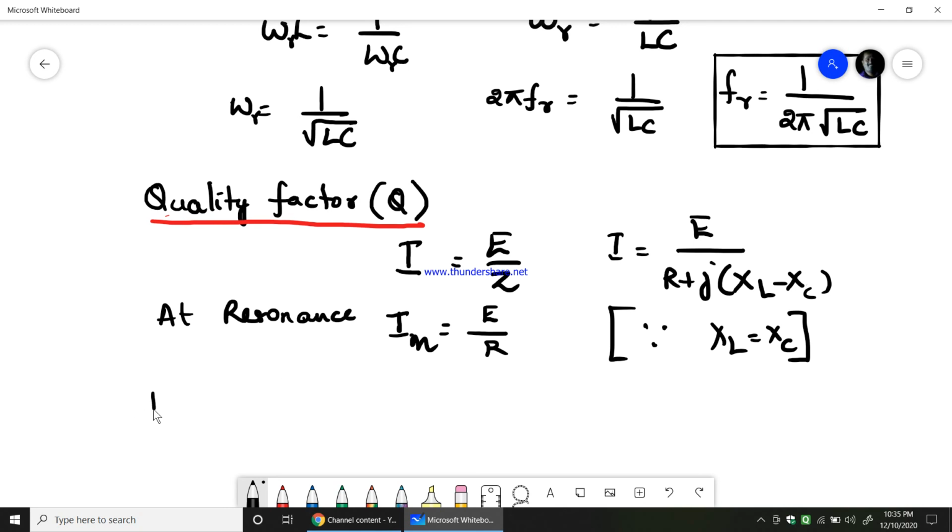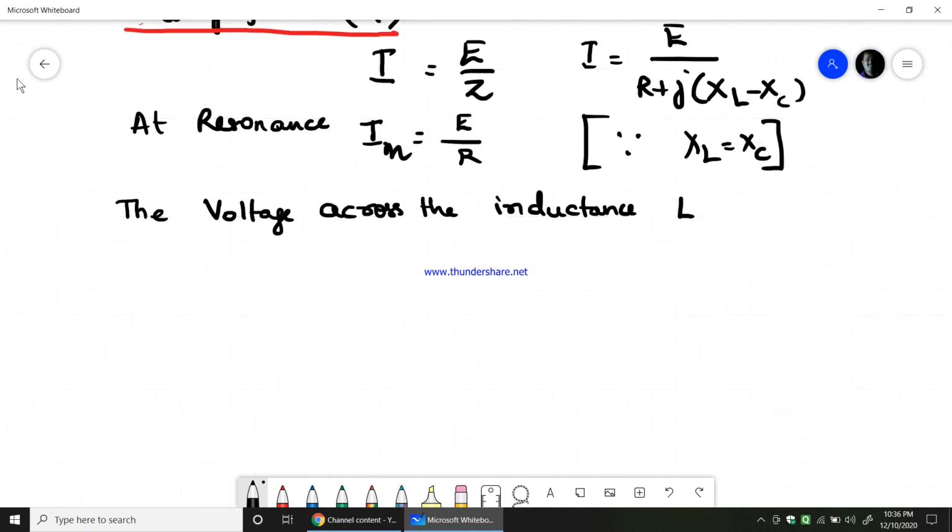Now, if I take the voltage across the inductance L, that would be VL equal to the total current Im multiplied by the reactance of the inductor.